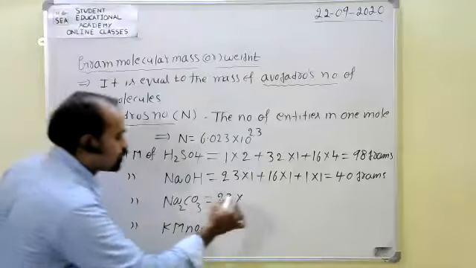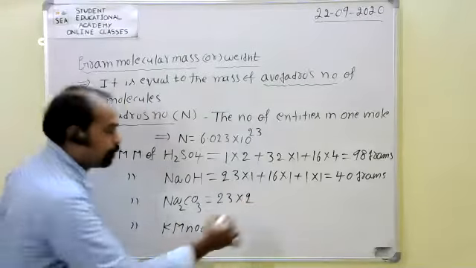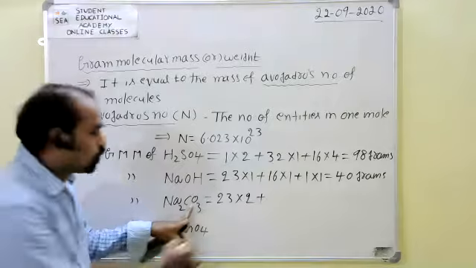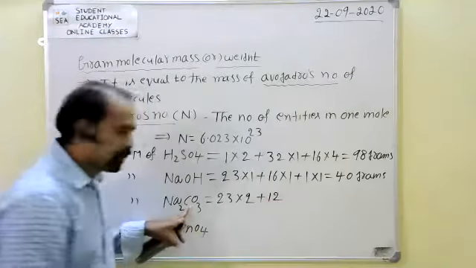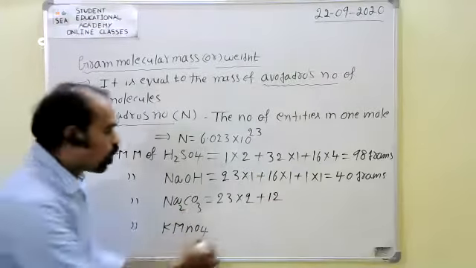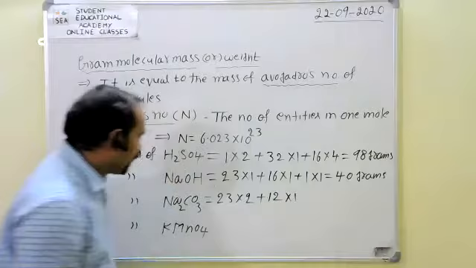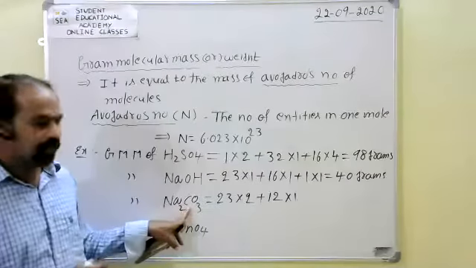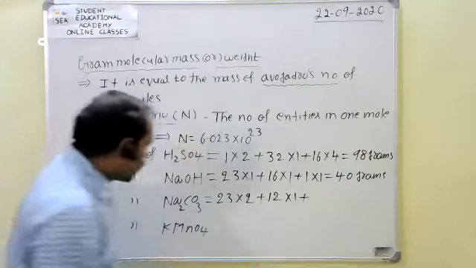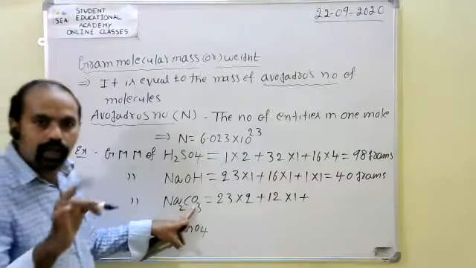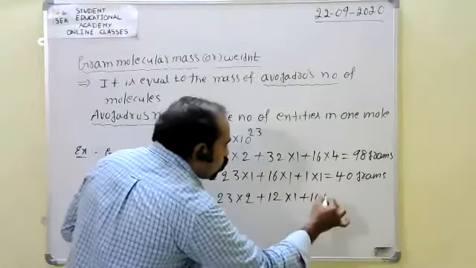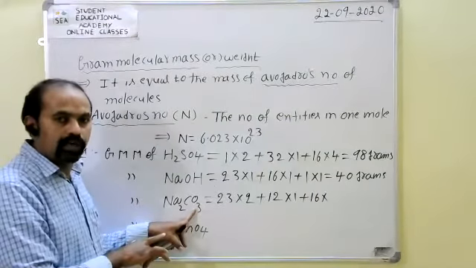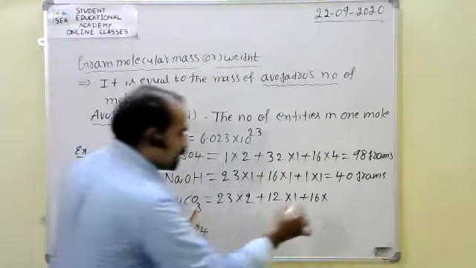Total number of sodiums here is 2, plus carbon atomic mass 12 into its atomicity 1, because the number of carbons here is 1 only, that is nothing but atomicity, plus oxygen atomic weight 16 into its atomicity 3, because it contains 3 oxygens.